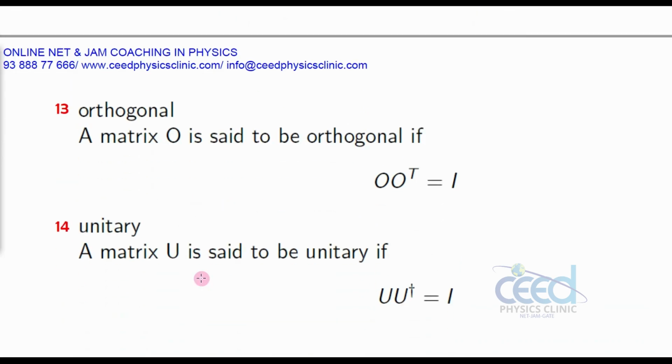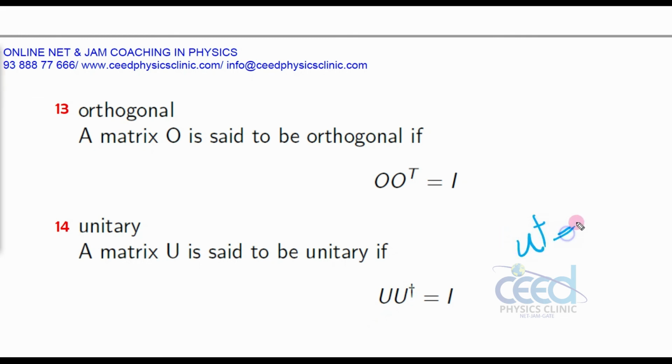That we can call an orthogonal matrix. Now what is a unitary matrix? Okay, unitary matrix means, if you take a matrix U that is said to be unitary, see, if you multiply the particular matrix into its transpose conjugate. Transpose conjugate we can represent like this.